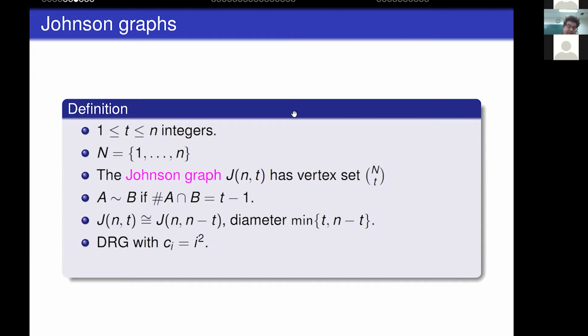And clearly J(n,t) is isomorphic to J(n,n minus t), because you can go to complements. And this is a distance regular graph with c_i equal to i squared.